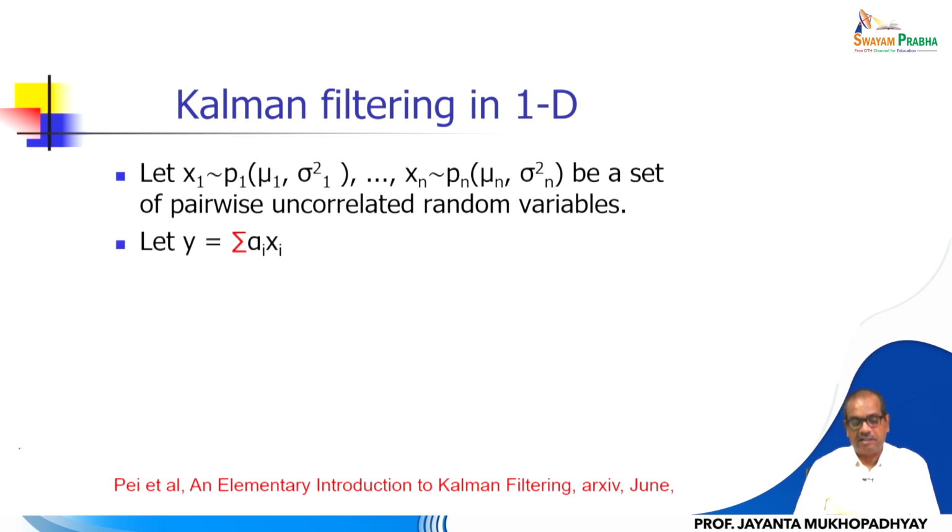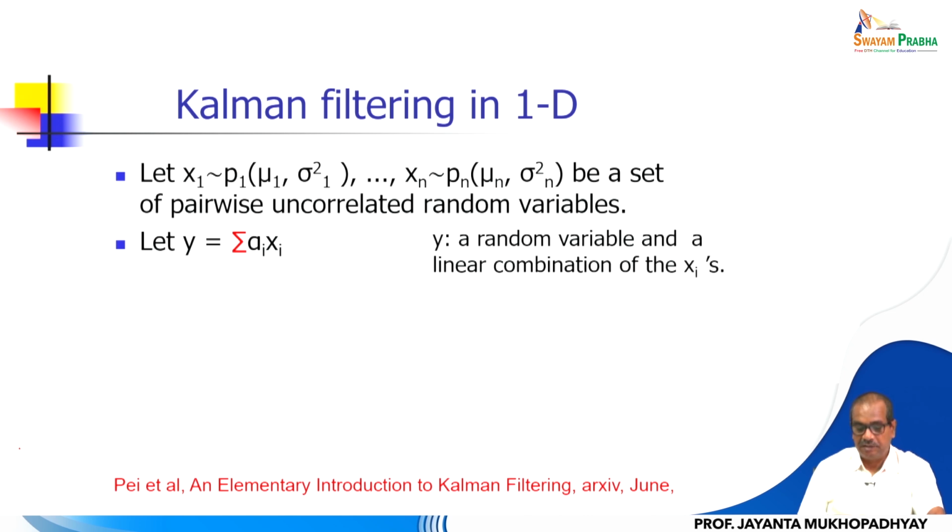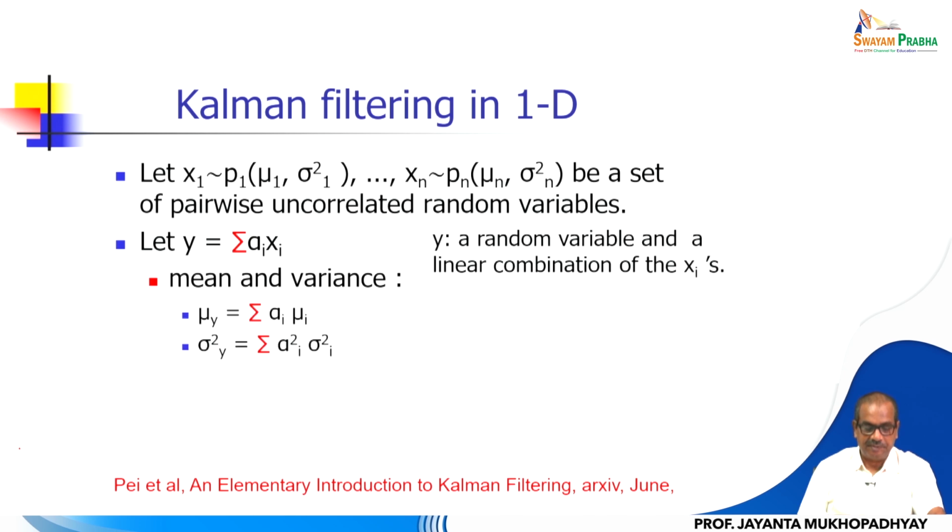Finally, you want to consider the aggregation of these decisions, or fuse them, as a linear combination of all these estimates. They are estimates of the same entity, and you are taking the linear combination of these estimates: the sum of a_i x_i. So, y is a random variable and a linear combination of the x_i's that I have mentioned.